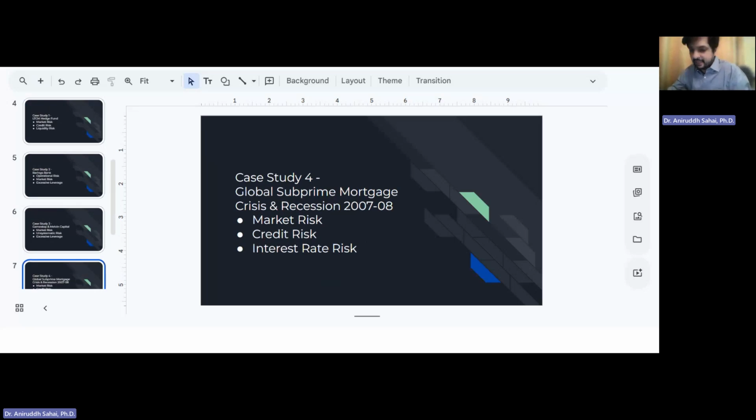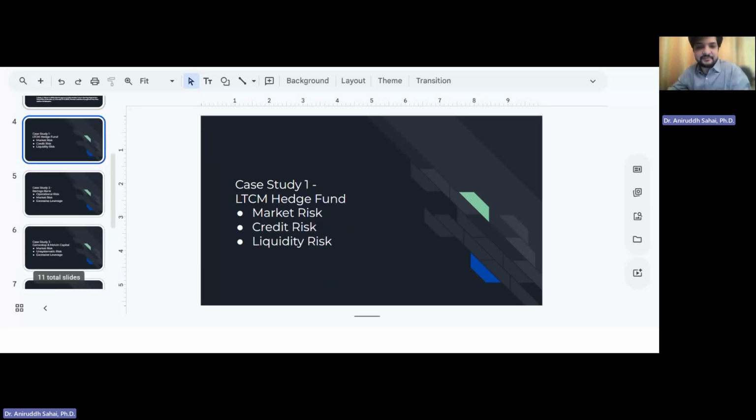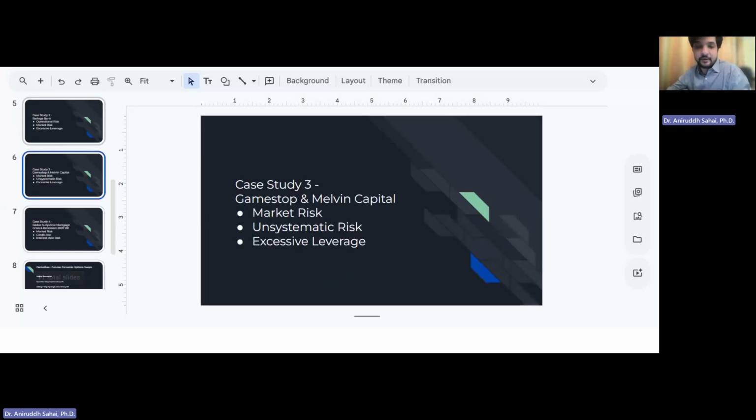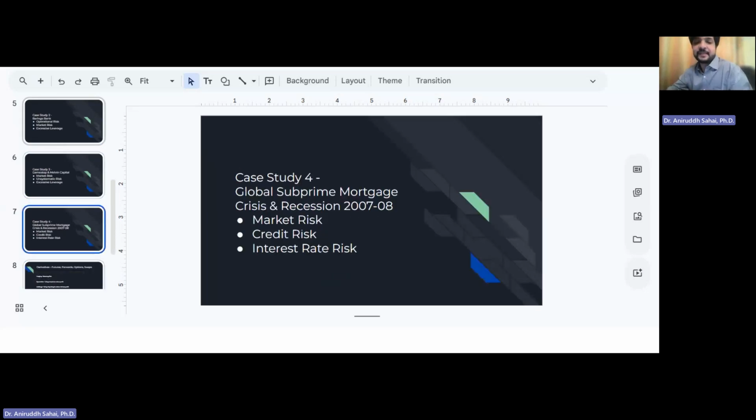of 2008. And through this entire case study discussion, covering these four different aspects, we have dealt with various kinds of risk which organizations are facing. And if they do not manage them, something similar can happen. Things which happened to the LTCM hedge fund, they had to completely go bankrupt. Same thing happened with Barings Bank and GameStop, led to the downfall of a lot of hedge funds.